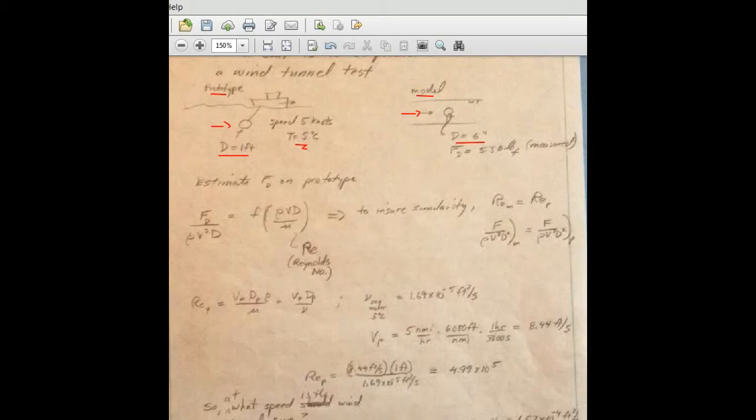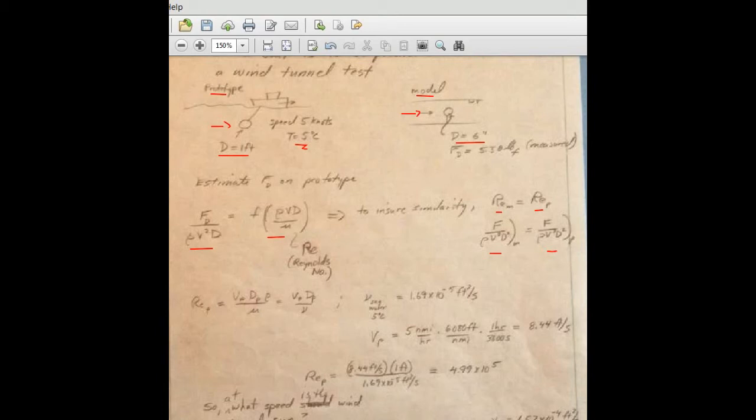And that's going to be a function of the Reynolds number. So there's basically 2 pi groups here, the one related to the drag coefficient and one related to the Reynolds number. So for similarity, the model Reynolds number has to be the same as the prototype Reynolds number, and the model drag coefficient has to be the same as the prototype drag coefficient.